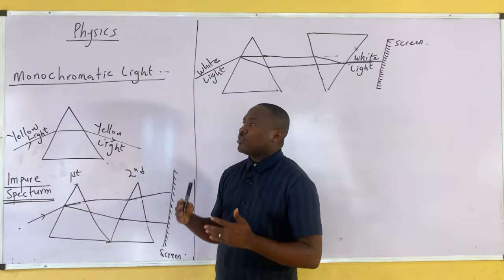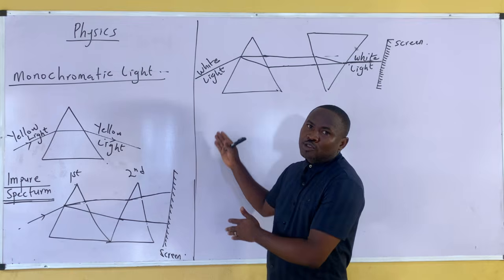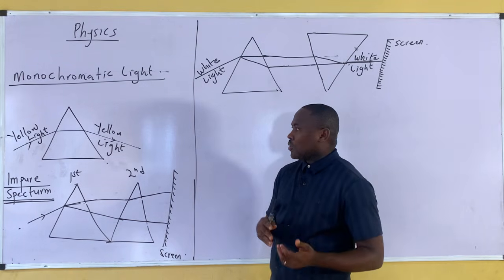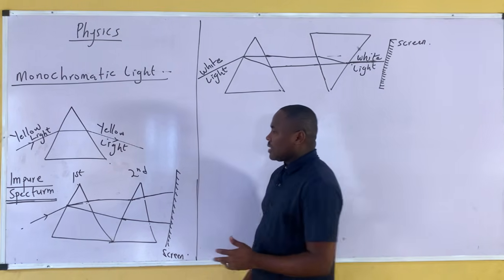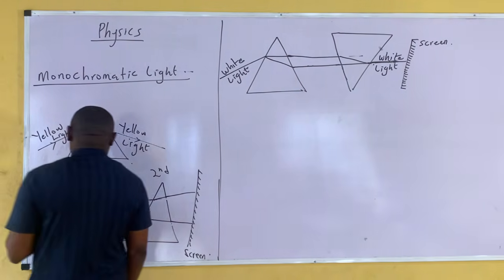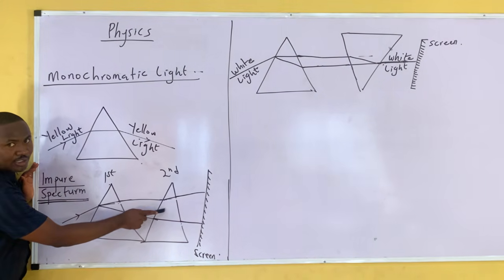Then when you want to create a pure spectrum, you have a sequence of materials which we arranged in order to get a pure spectrum. Now look at this spectrum here. There is the first prism and there is the second prism.